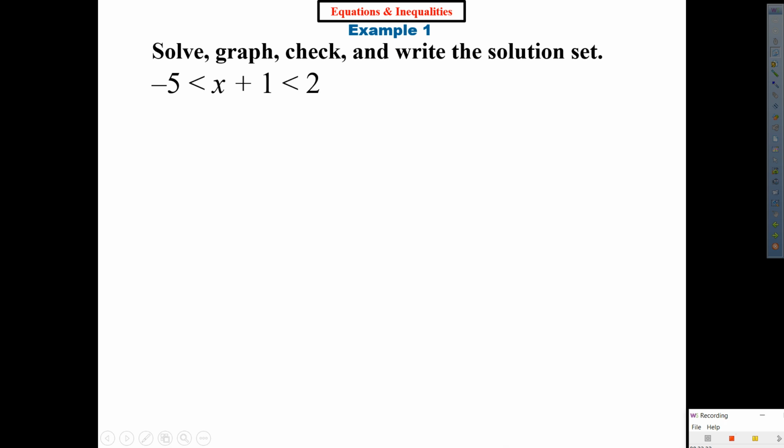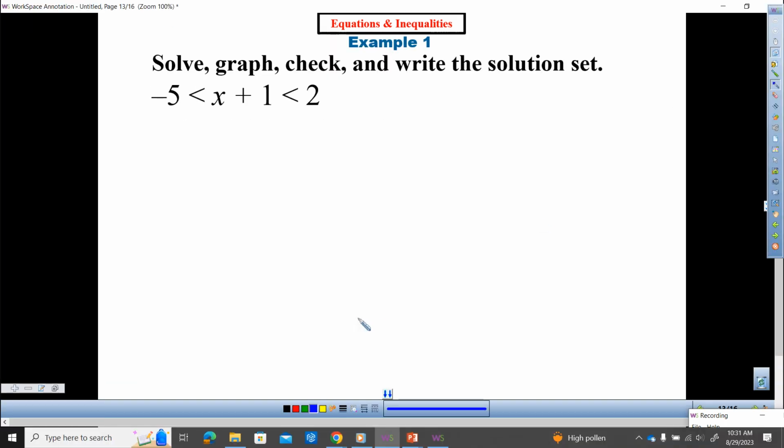So it says, solve, graph, check, and write the solution set for -5 less than x plus 1 less than 2. Writing utensils down, look up to the screen. I'll have you copy at the end. Here it goes. Ready? So, how do you solve this? Well, line up the inequality symbols, and I start with, what was the first step? Simplify. Can I simplify the left? No. The middle?